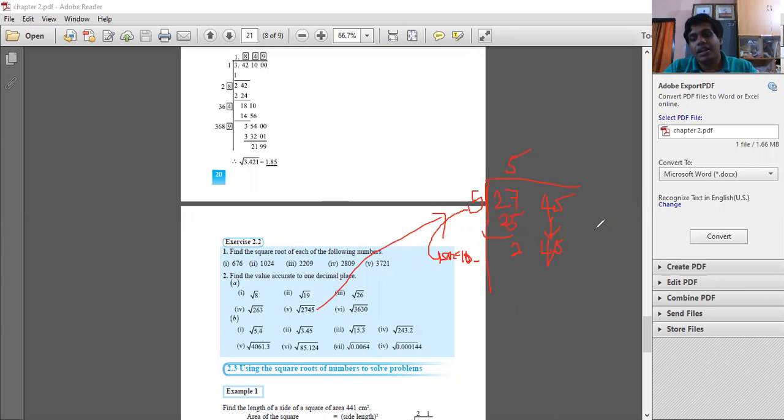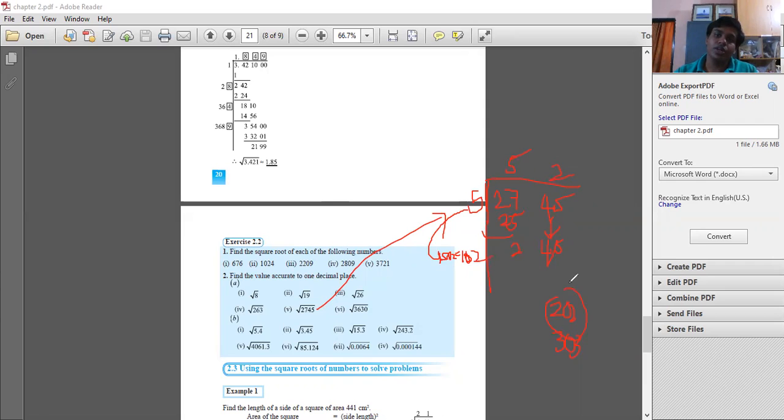So 101 into 1 will give you 101, 101 into 2 will give you 202, 101 into 3 will give you 303. What is closer? We always take the lower one, not the bigger one, 202. So we take this one, 102.